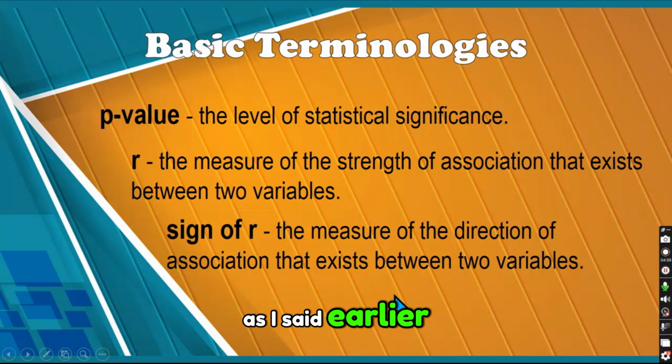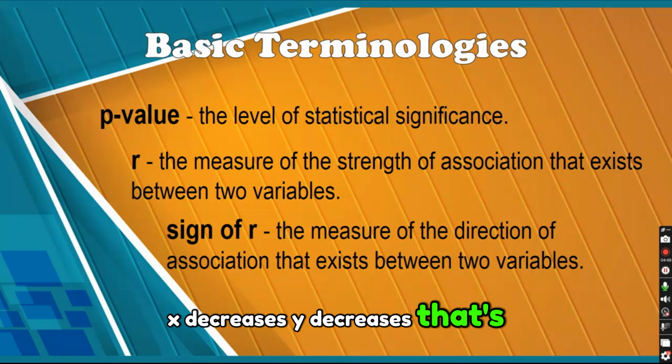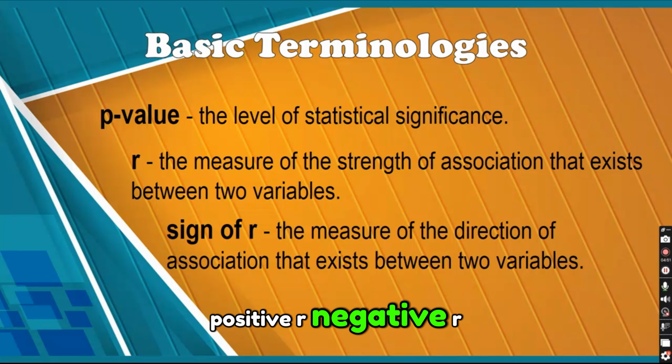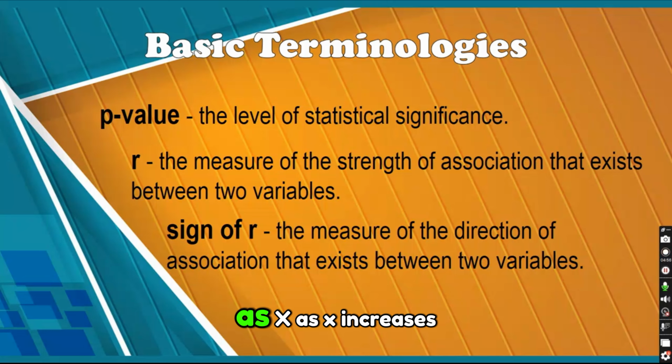It can be positive, a direct relationship: as x increases, y increases; on the other hand, as x decreases, y decreases. That's positive r. Negative r is an inverse or indirect relationship: as x increases, y decreases, or as x decreases, y increases.